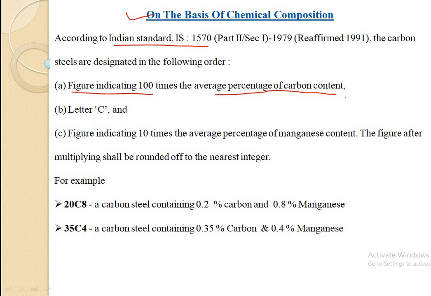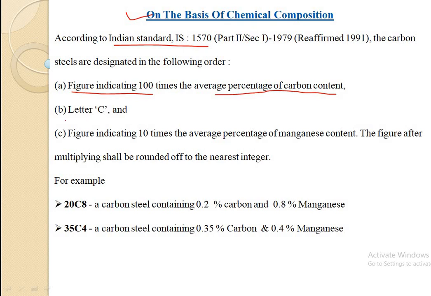Keep in mind, if you are designating steel on the basis of chemical composition, the first number written there indicates 100 times the percentage of carbon. Always keep in mind, it is a percentage of carbon and it is 100 times.